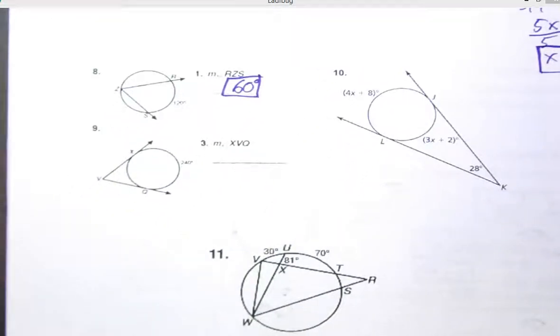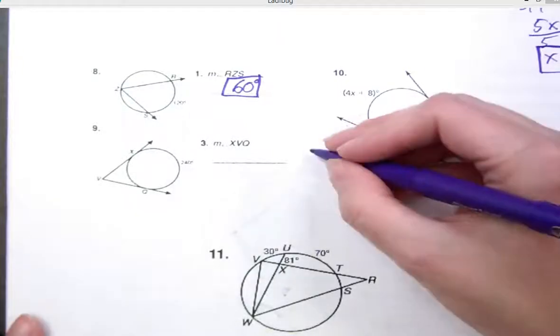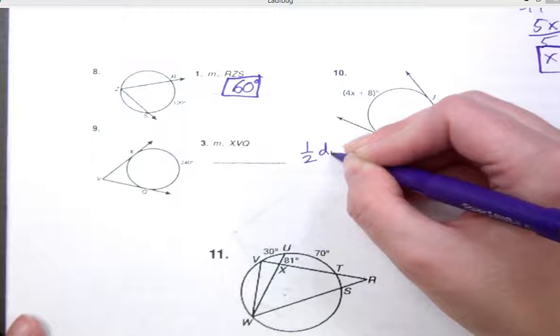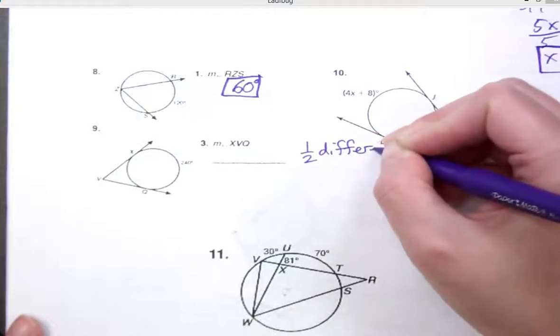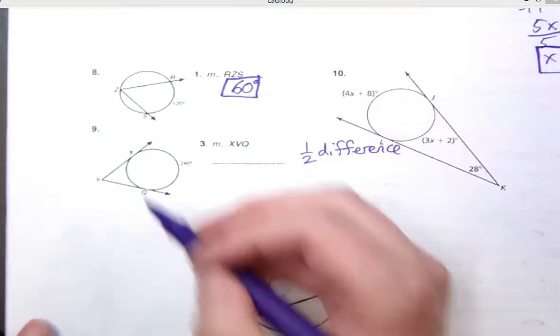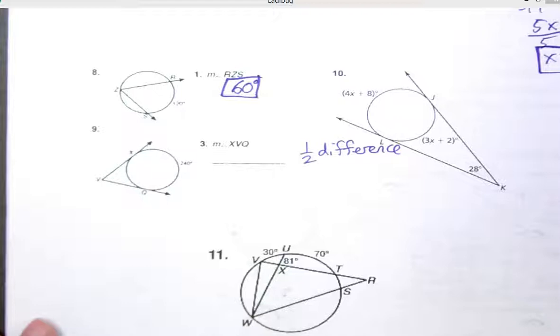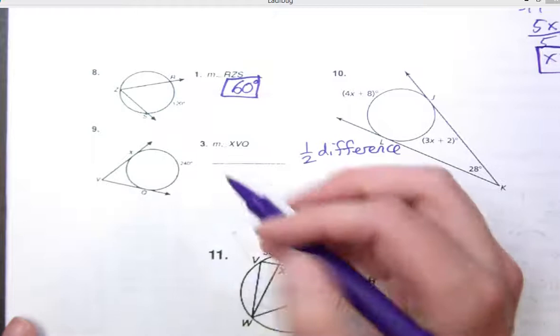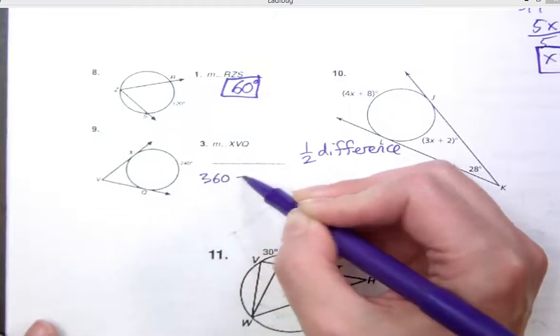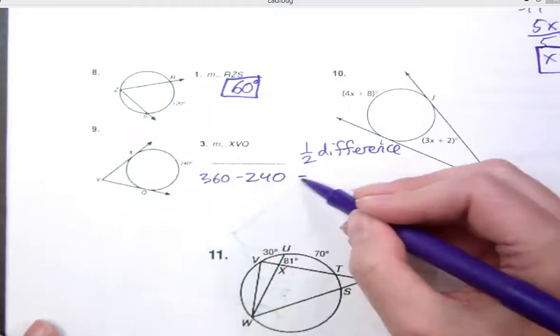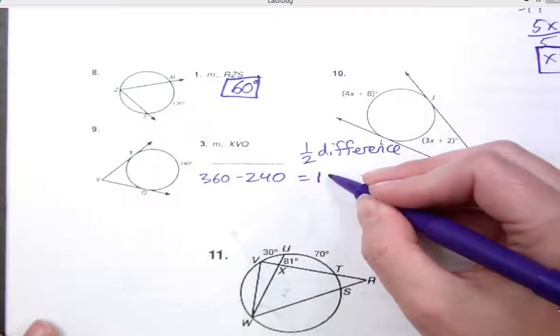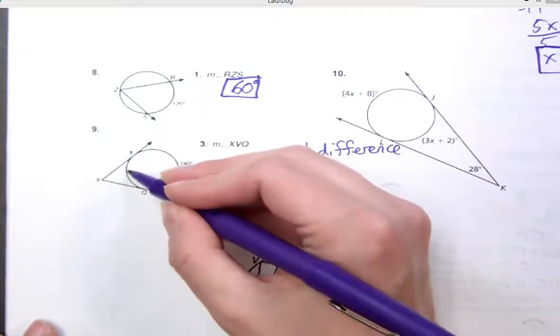What's our rule for 9? It's half the difference. So before we can find the difference, we have a missing part we need to find. How do we find the missing part? 360 minus 240. Yeah, so 360 minus 240 equals 120.